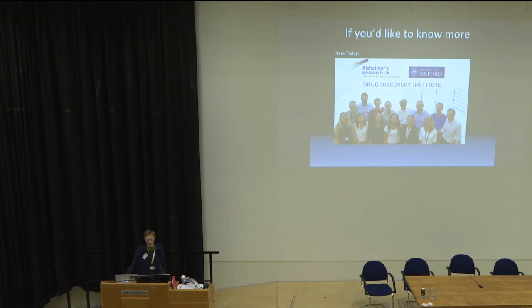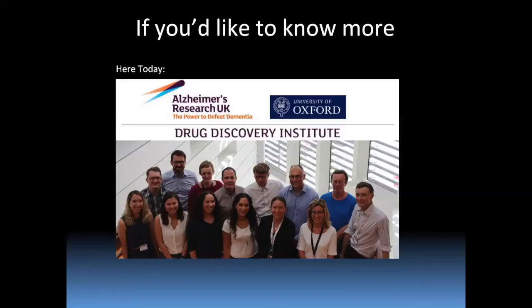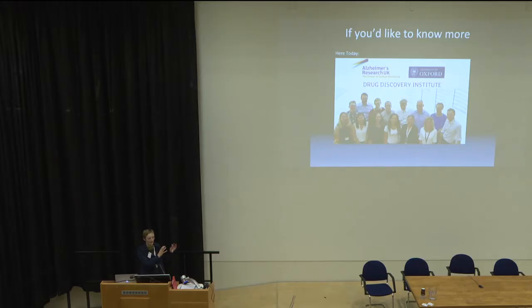And what we now are lucky to have in Oxford is a drug discovery institute. What they do is they're in the middle. They're a bridge between the academic labs and the pharma companies, because they're able to take all these ideas that come from the academic labs and I guess really sift through them and see which are going to be the best targets, the best drugs to pass on to pharma for further development.